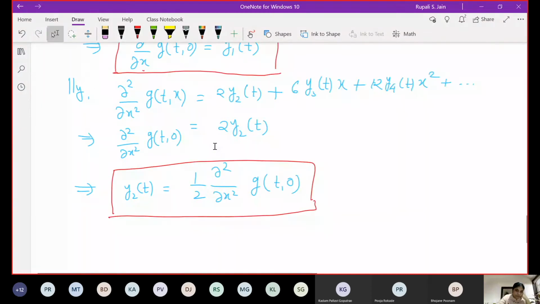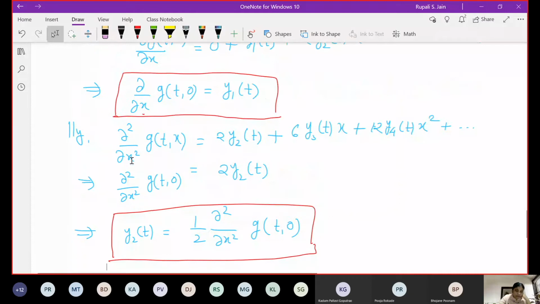So this term will get 0, and here what will remain? 6 y₃(t) plus 24 y₄(t) x plus and so on. So if I substitute x equal to 0 in ∂³/∂x³ g at (t, 0), I will get 6 times y₃(t). Remaining terms will all become 0. Am I right?